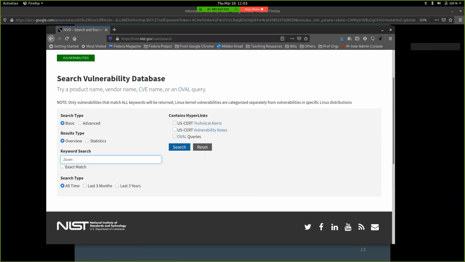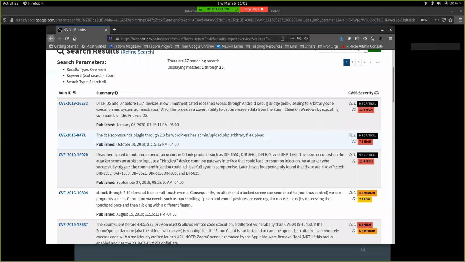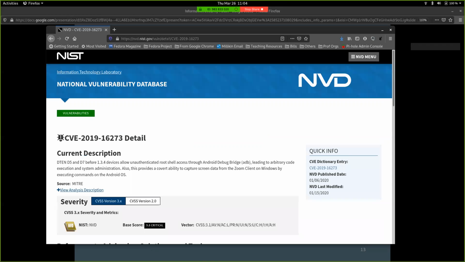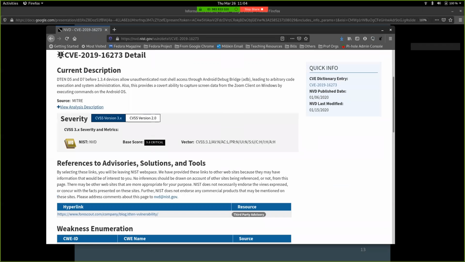So I could go and search for current vulnerabilities in Zoom software, and I can see, let's see, here's one from January that's marked severity of critical and high, depending on which version of their categorization you're using.